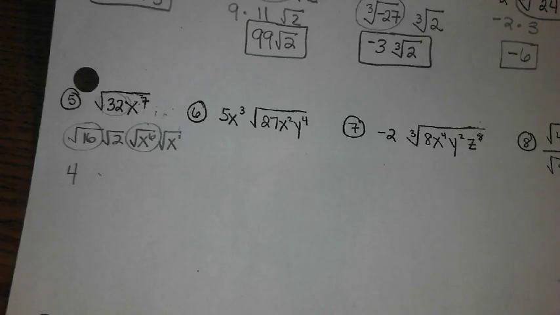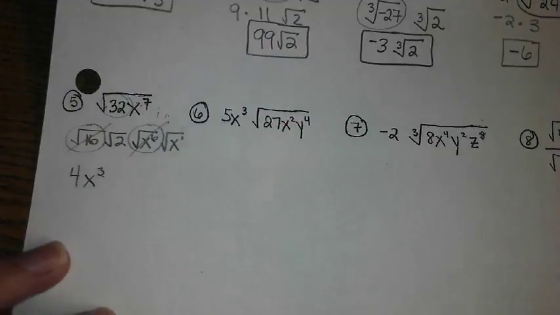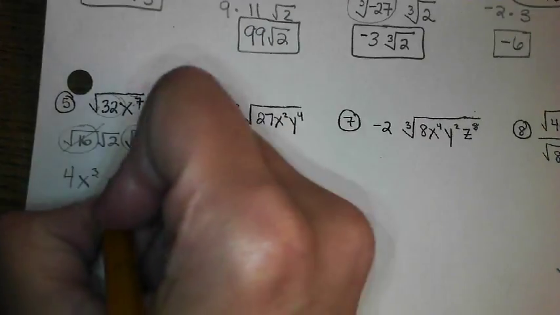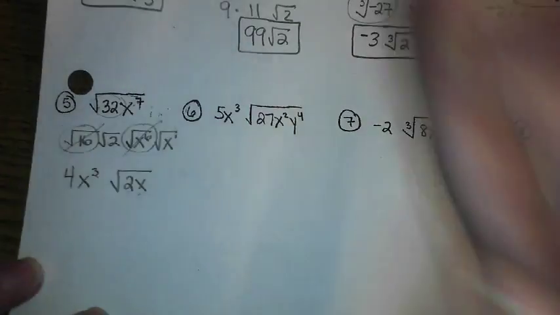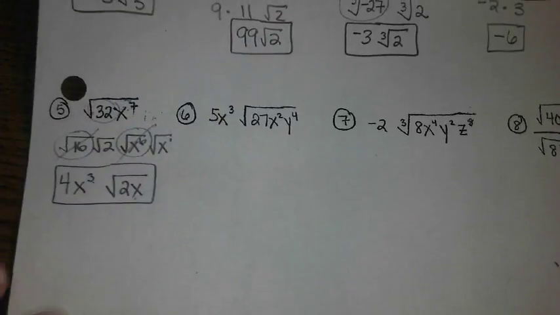X to the 3rd, yep. So x to the 3rd comes out as well. So I've handled that and I've handled that. And then I don't know the square root of 2 and I don't know the square root of x, so those two just sort of stay underneath the radical. Okay?